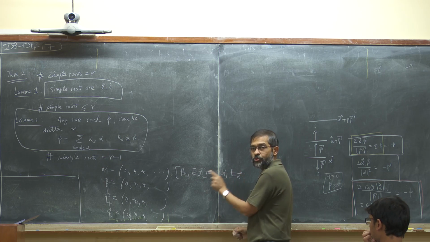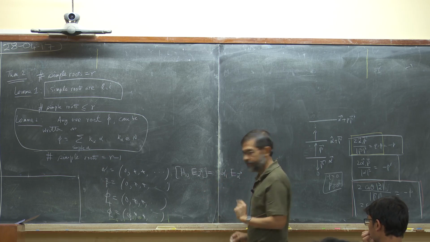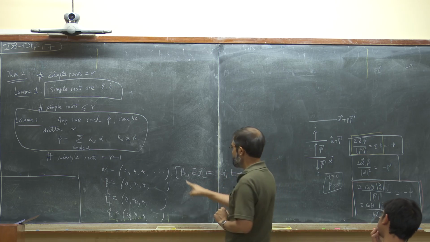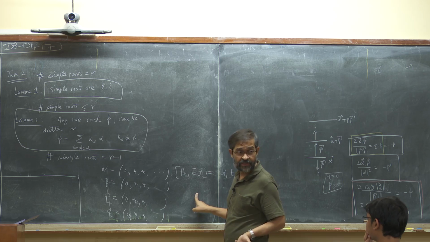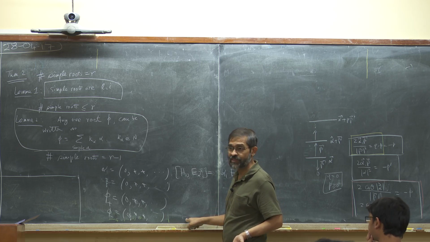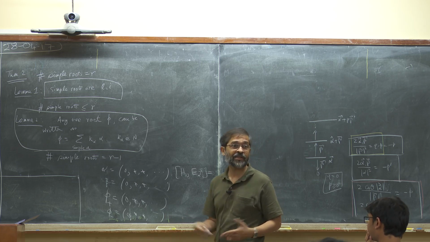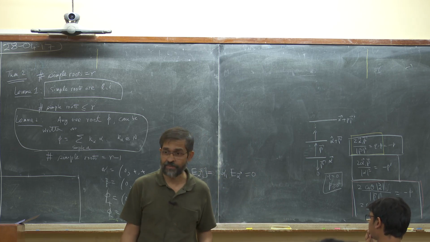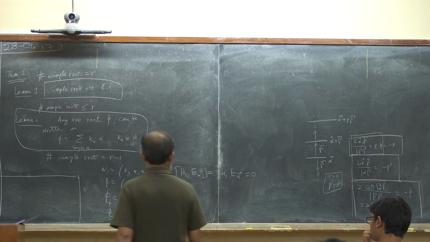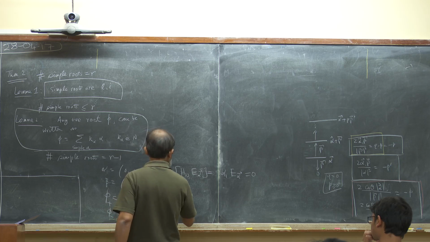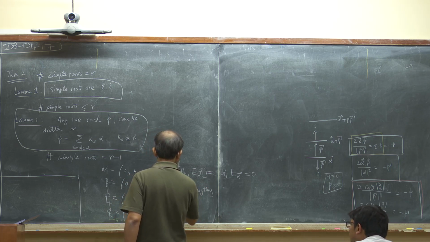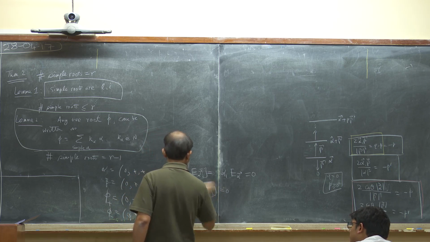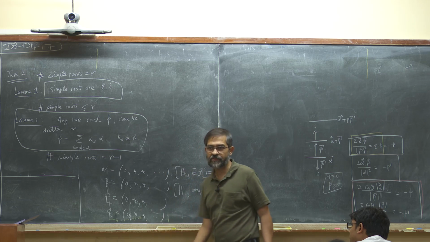I have chosen this to be 0. So therefore, H1 commutes with E alpha. It will also commute with E beta, and with everybody else. And it certainly commutes with other elements of the Cartan subalgebra by definition. Therefore, H1 commutes with everything, and of course with itself as well.